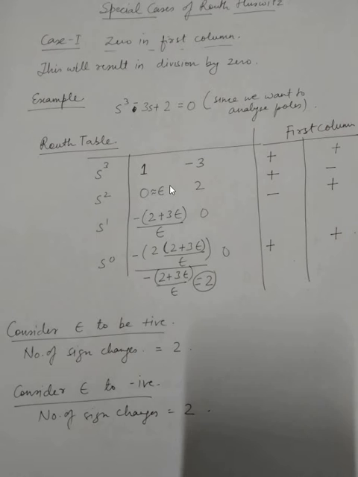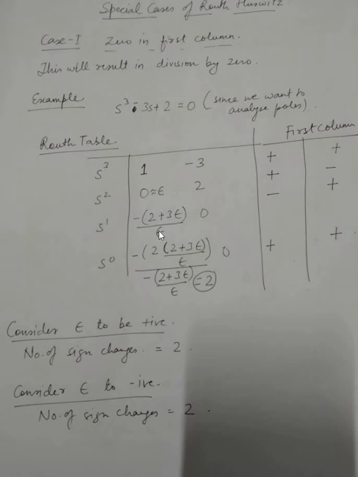So let's say I consider this epsilon to be positive. So you can see the first column signs here. s cube is positive. I am considering this to be a very small positive quantity, so this is positive. Since I have considered epsilon to be positive, this goes to 0 anyways.